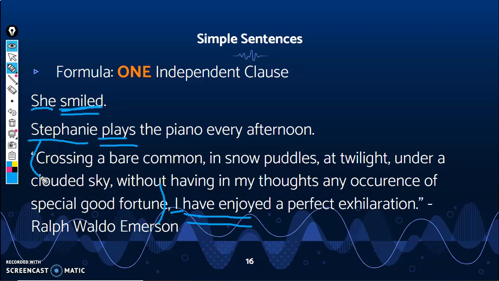It's phrases, it's prepositional phrases, it's information and imagery that describe and enhance the second part of the sentence, which is simple. It can stand on its own. Everything else in the sentence is modifiers. So even though this sentence is 3 lines typed, it is still a simple sentence.